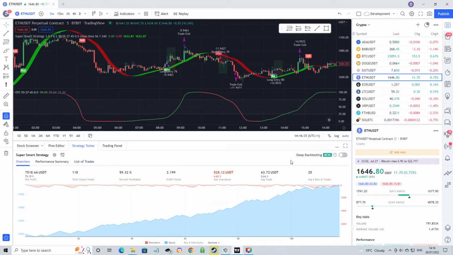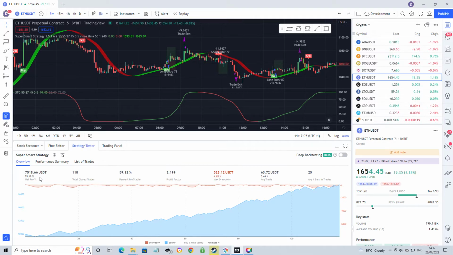Okay, so if we go down to the strategy tester, let's have a look at the performance of this. So we've got almost 60% profitability. Okay, so almost 60% of all trades are winning trades out of 118 trades in total. It's a profit factor of 2.199, which is good. So over this period of 118 trades, there would be a 75% profit on the account.